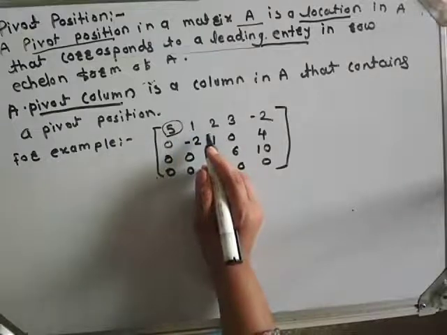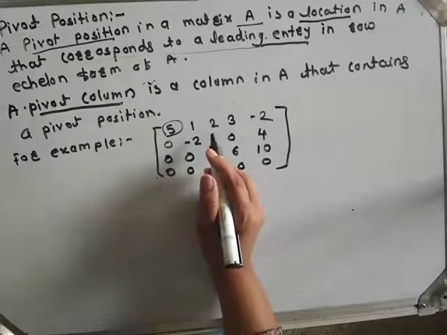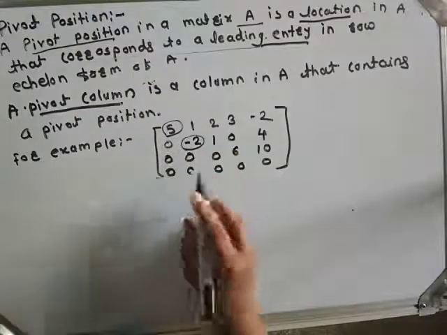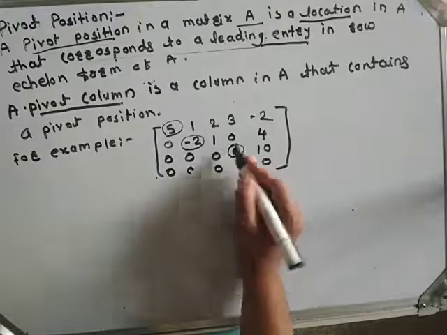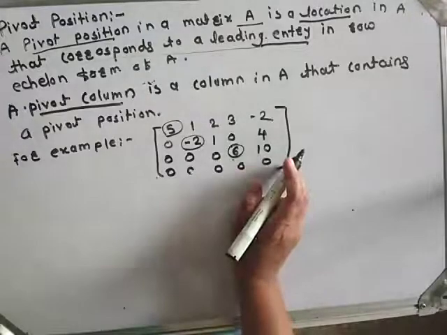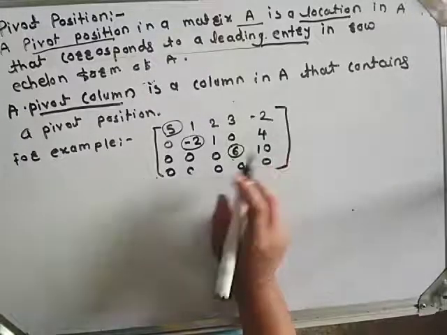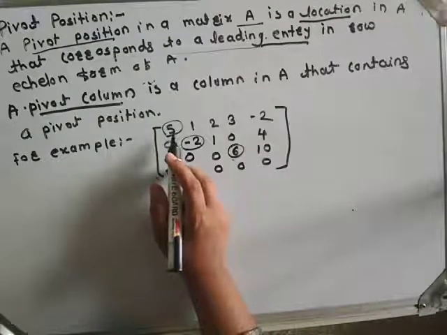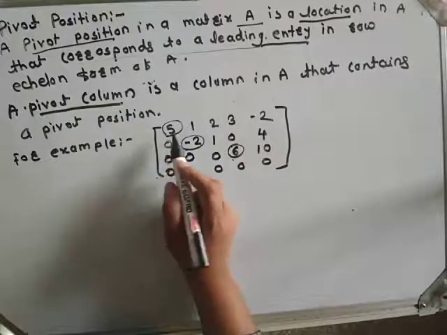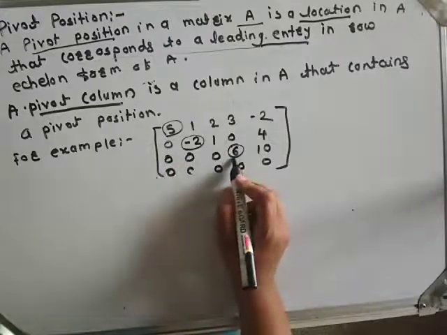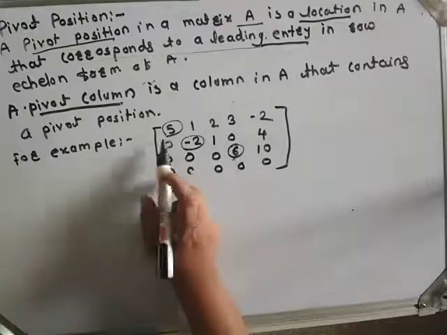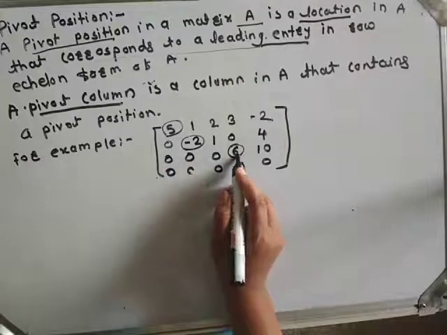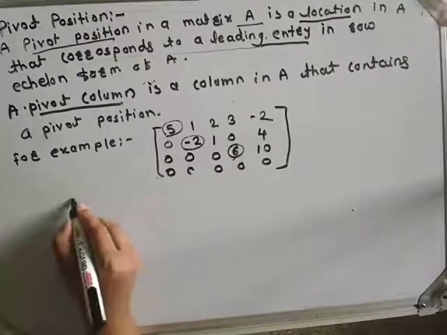Leading entry means first non-zero entry in a row. In second row -2 is leading entry. In third row 6 is leading entry. So 5, -2, 6 are pivot positions in first row, second row and third row respectively.